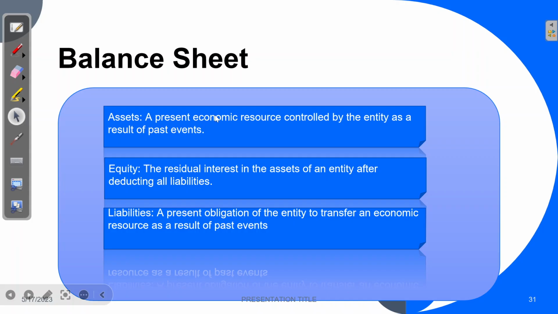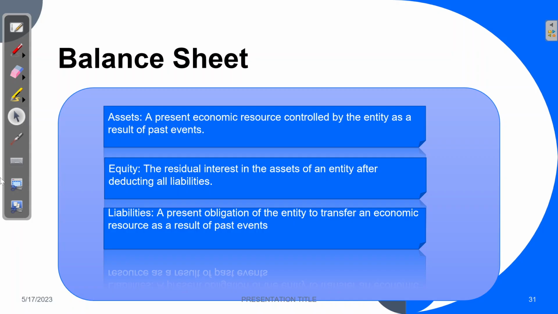So can we give examples of assets? After the definition, can we get some examples of assets? Yes, sir. Okay, so can you give us one?